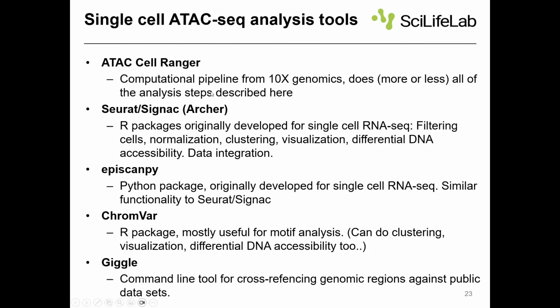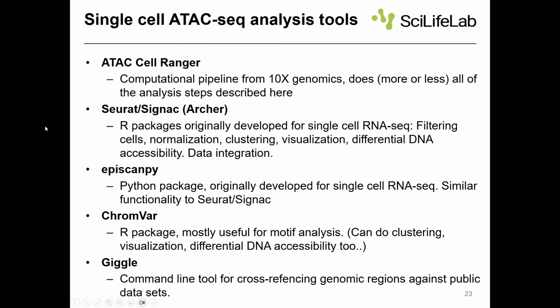Then what I've been doing, and I guess most people, is exporting this into R. So Seurat, I guess you are very familiar with now, and there is an add-on to Seurat called Signac, which is an R package that enables you to work with not just genes, but chromosome regions in Seurat.